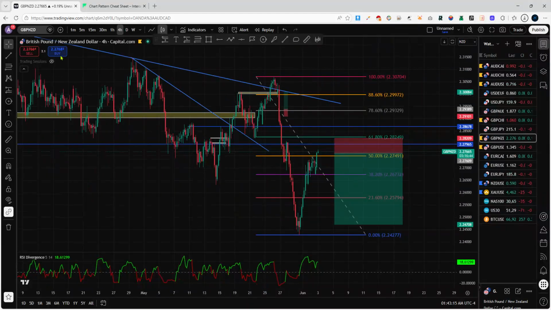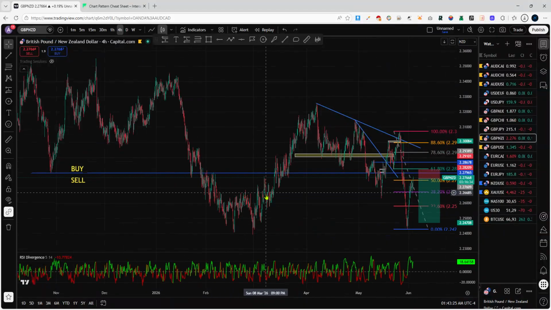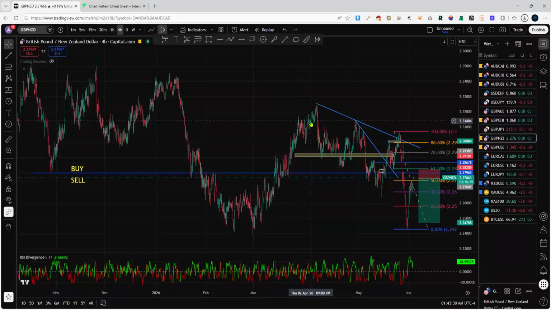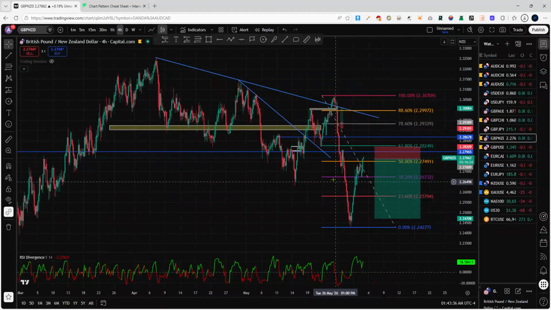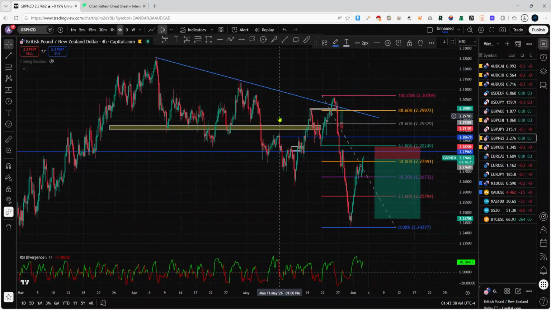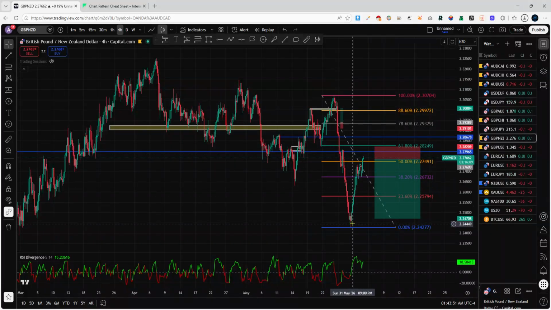I look at GBP New Zealand dollar. I'm looking for price to come down. As you can see here, on a higher time frame, we broke, came back, got to a downtrend. Here's an indication from the top to the bottom.